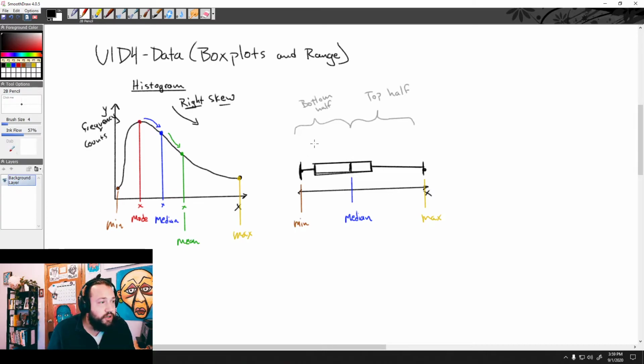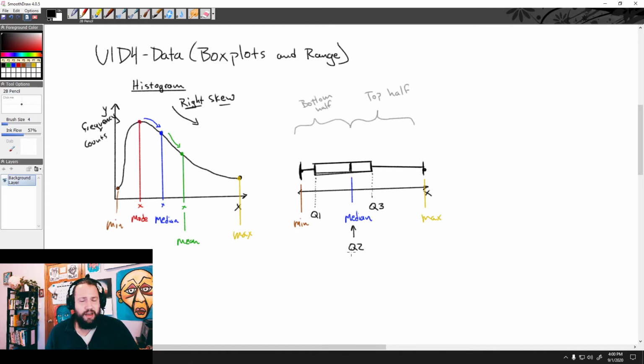And what you need to know about these is that this point here is going to be my Q1. This is something new that we haven't talked about. Q1, and this is going to be Q3. Guess what? This middle one is Q2. But we already had another name for that. We already learned that name.